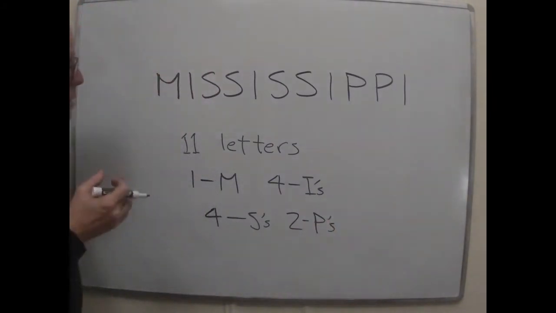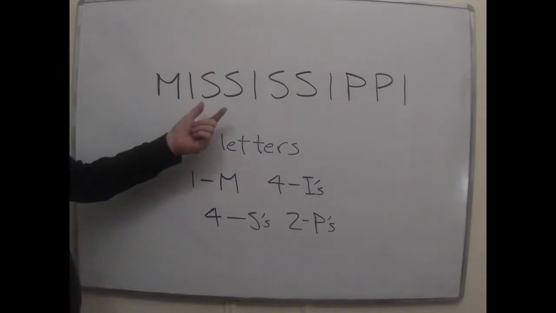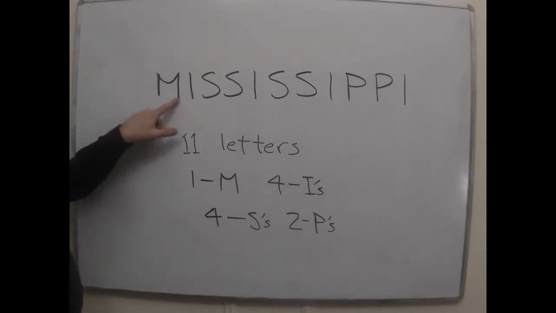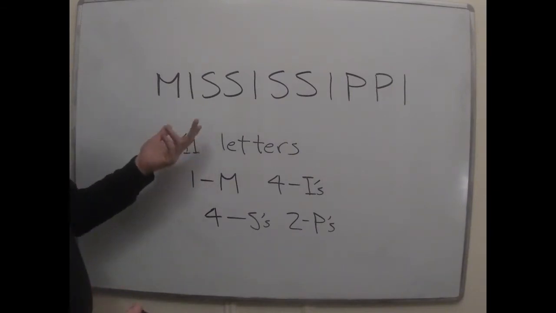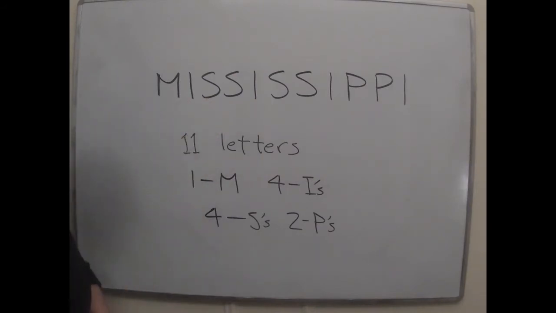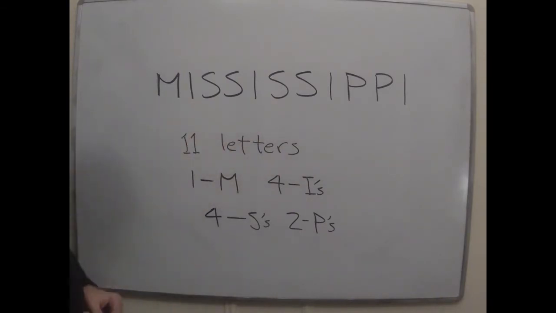So if you want to count the total number of permutations of this, where you can't tell any of the S's apart and you can't tell any of the I's apart, you start with 11 factorial, but you divide out by the number of permutations that would be the same if you just changed an order of the S's or changed some ordering in the I's.